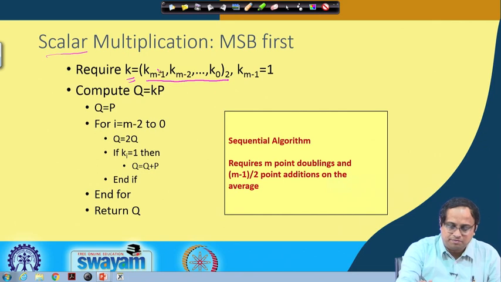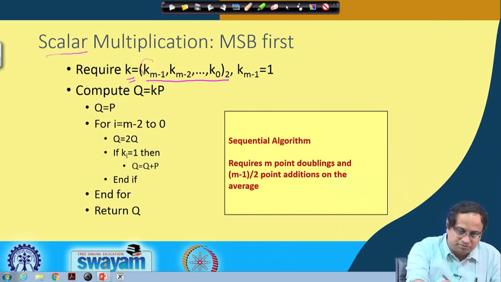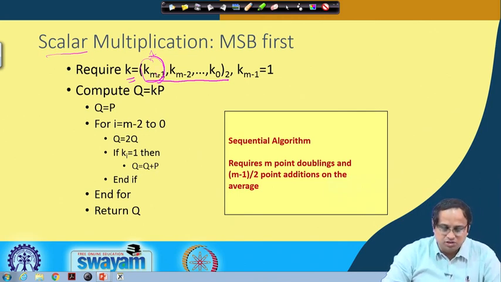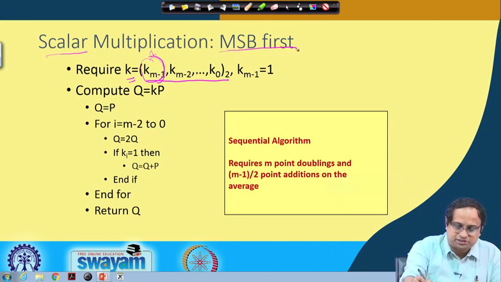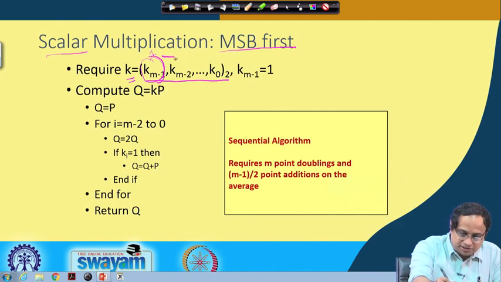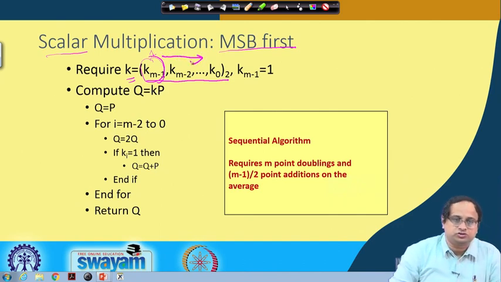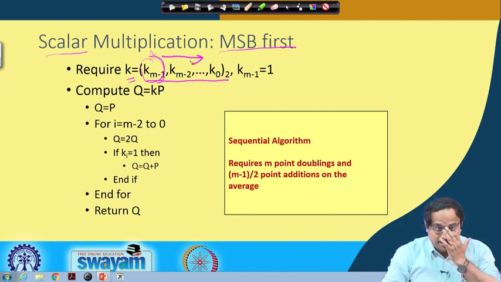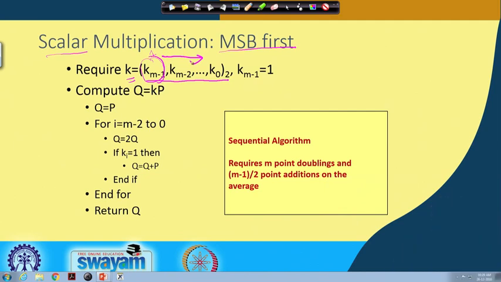Note that km minus 1 is 1, so this term is implicitly assumed to be 1. When we say MSB first, that means most significant bit first, it implies that we are processing from the left. So, this is also called left to right scalar multiplication.